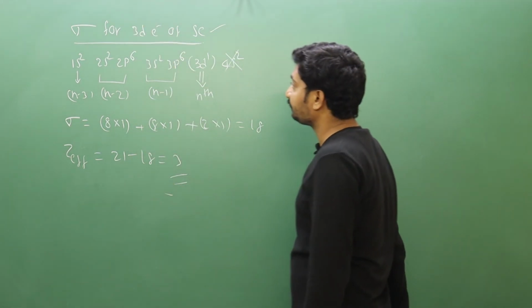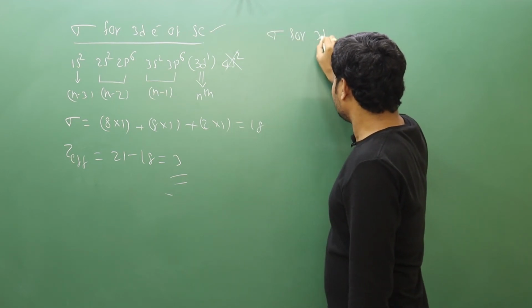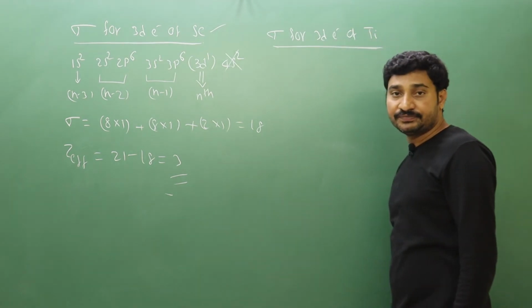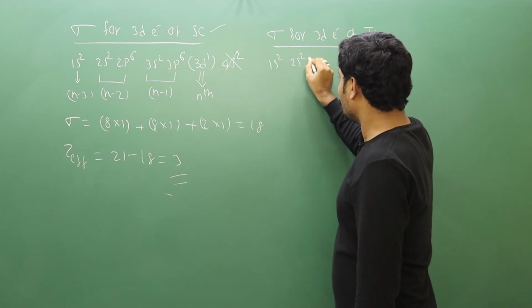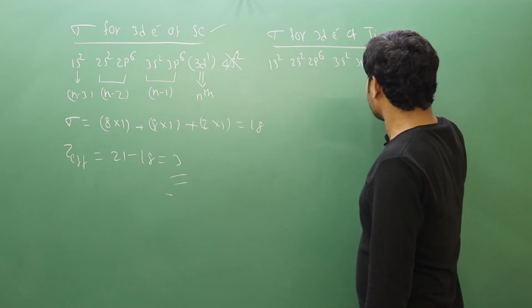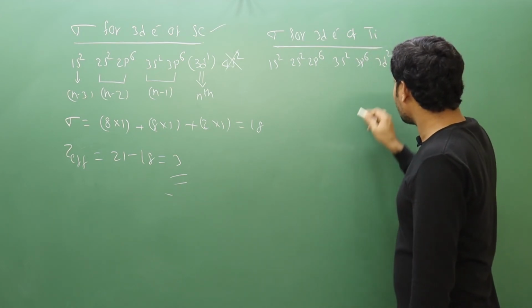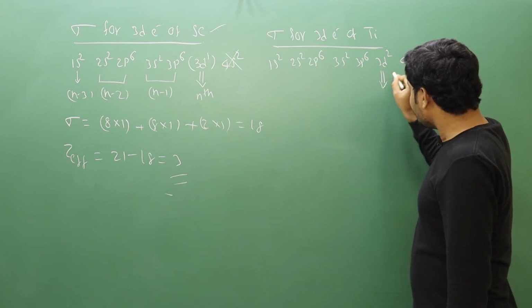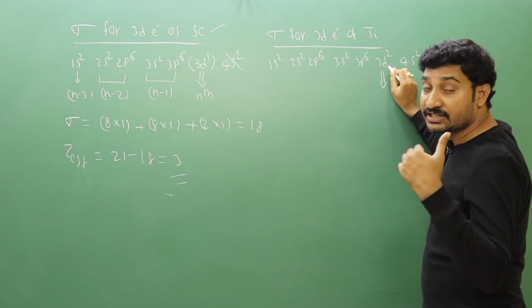One more example: sigma for the 3d electron of titanium. Atomic number 22, so the electronic configuration is 1s2, 2s2, 2p6, 3s2, 3p6, 3d2, 4s2. We are calculating sigma for a 3d electron, so exclude one electron, because in the 3d there are 2 electrons and you are calculating sigma for 1 electron.